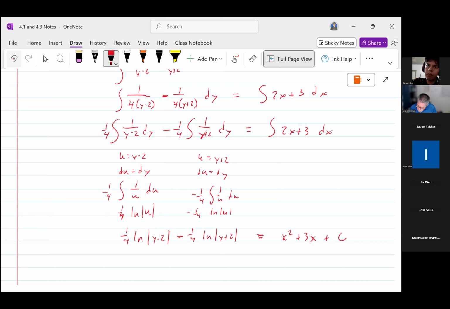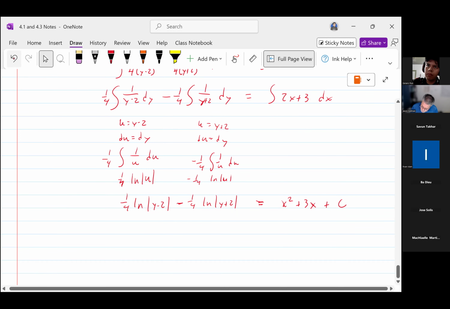Okay, let's multiply everything through by 4. And we get natural log of y minus 2 minus natural log of y plus 2 is equal to 4x squared plus 12x plus 4c.